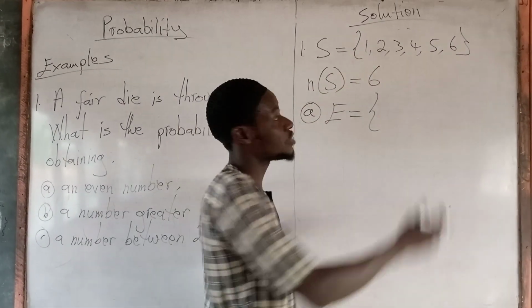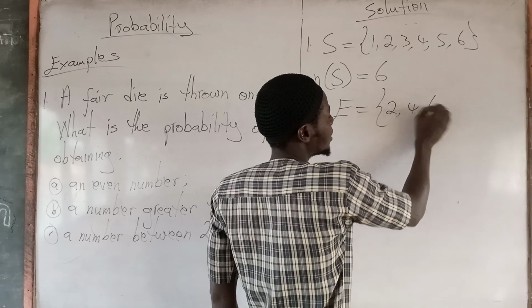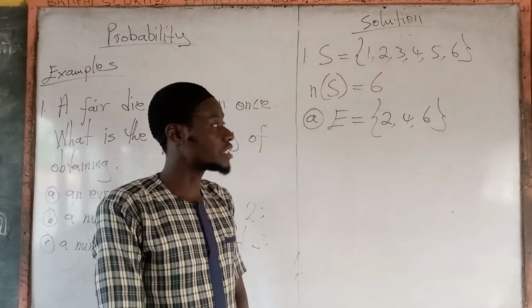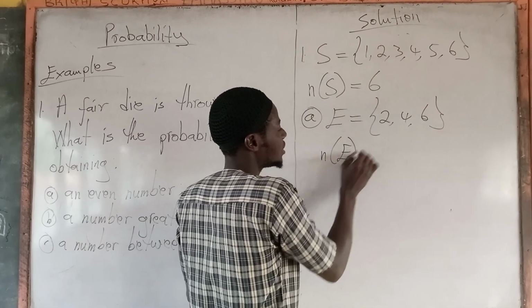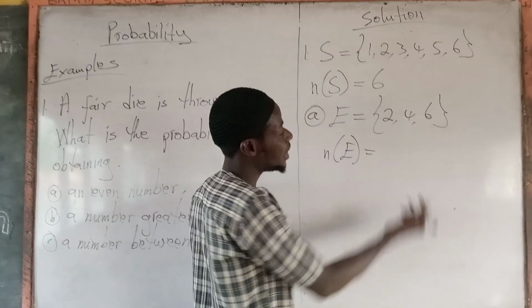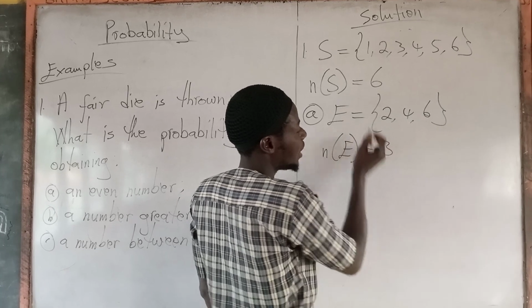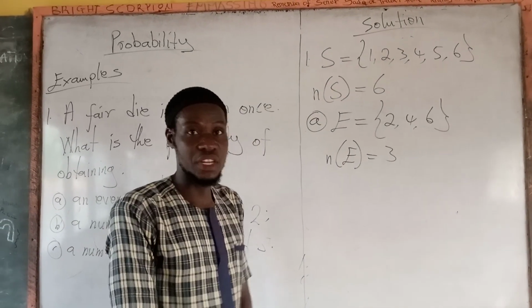The even numbers will be 2, 4, and 6. This is the set of even numbers. Then we find the number of elements in this set. How many elements are there? 1, 2, 3. There are 3 elements. In other words, there are 3 sample points in that set of even numbers.